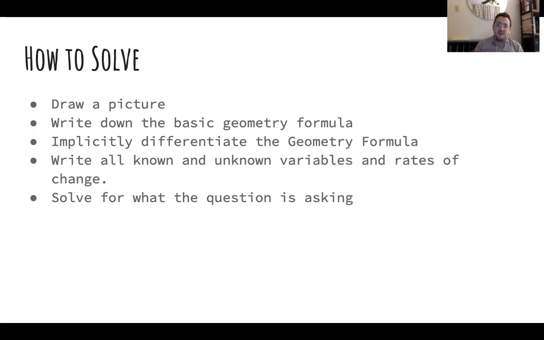Start by writing the basic geometry formula and implicitly differentiating it. Have a good read of the problem. Write down all the variables that you know, the rates of change that you know, and also what you want to know. Then solve for what the question is asking by plugging in what you know. So we'll just add that.